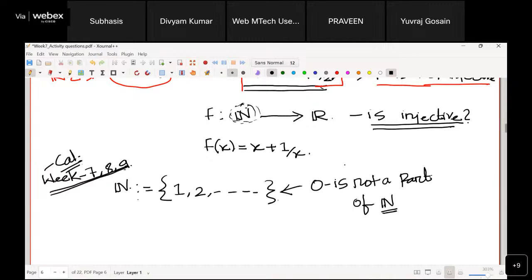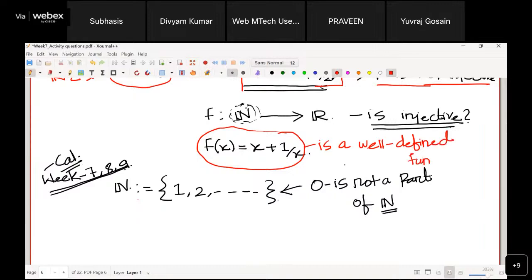Okay, so for the calculus part, 0 is not a part of n. Since 0 is not a part of n, as you can see, this function is a well-defined function. Because if 0 is a part of n, then I can't find the value of this function at x equal to 0, because f of 0 is 0 plus 1 by 0, and this 1 by 0 has no meaning, it's undefined.